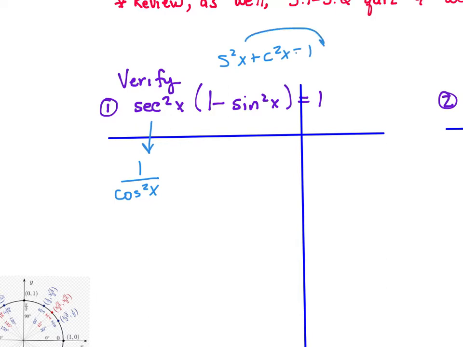If I move this over here, 1 minus sine squared x is the same as cosine squared x. So I'm going to replace that with cosine squared x, and this is over 1. And if you notice, cosines and cosines cross out, give me 1. And that's what I was trying to get. So 1 equals 1. There's your verification.